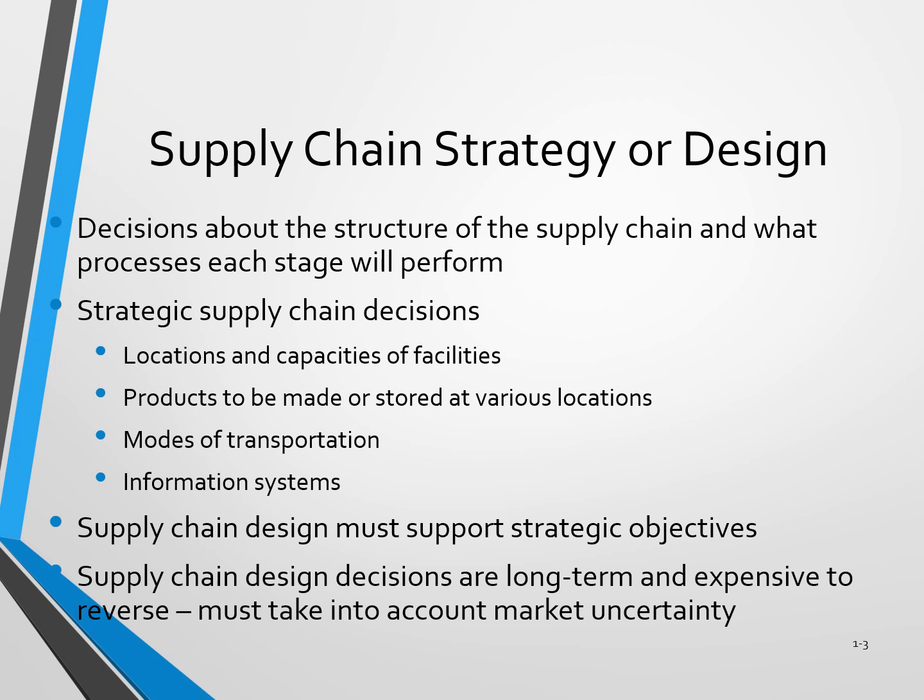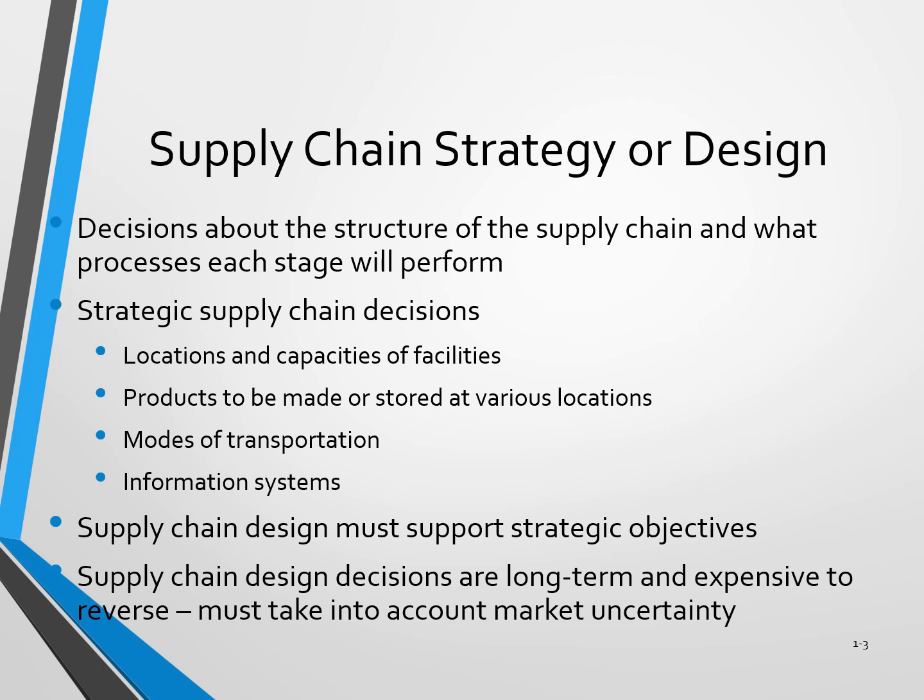That's about inventory. Then the mode of transportation, whether we are preferring railroad or road or ships or air cargo. Whatever the mode of transportation, then how we are handling and managing the information systems. Supply chain design must support strategic objectives. Supply chain design decisions are long-term and expensive to reverse.